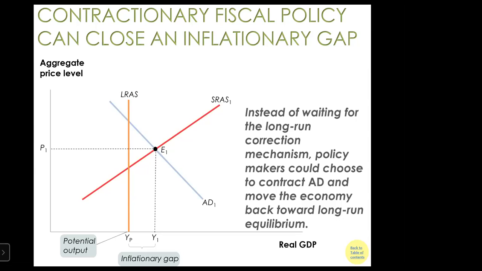That is without government intervention. Now what the government can do is carry out some contractionary fiscal policy: increase tax, decrease government spending, or reduce government transfer. Now we are going to push down to E2. So this is contractionary fiscal policy.